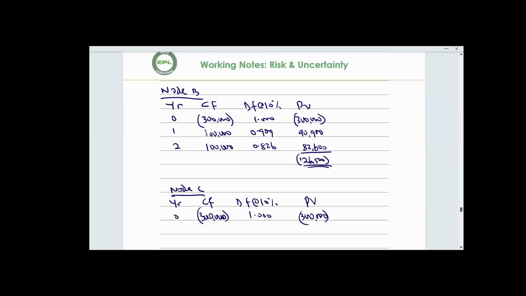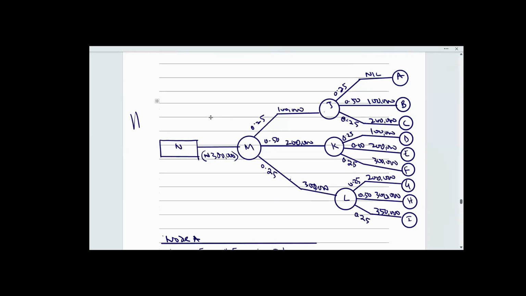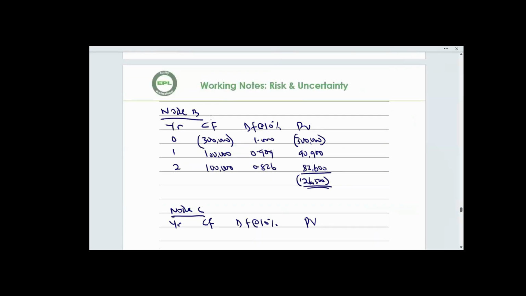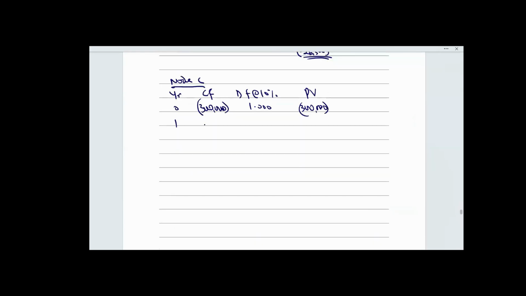So from the diagram, node C: year 1, 100,000; year 2, 200,000. 0.909, 0.826. 90,900.